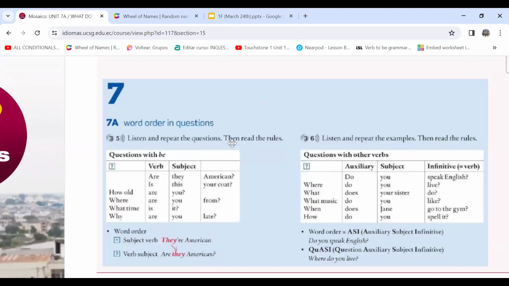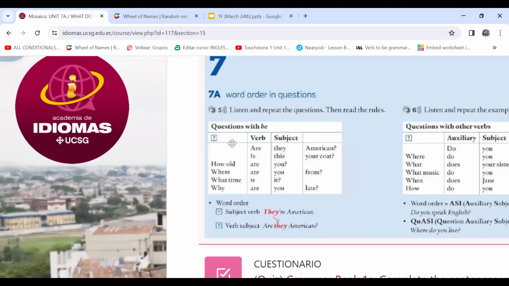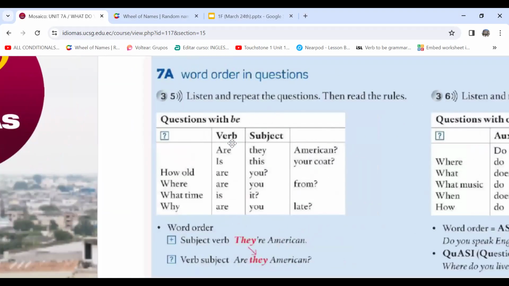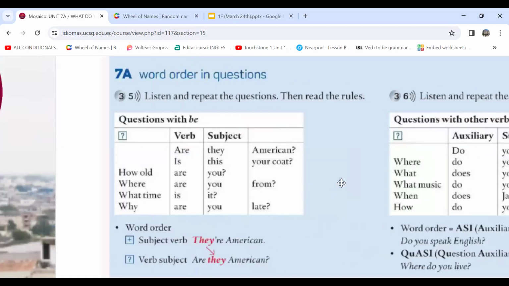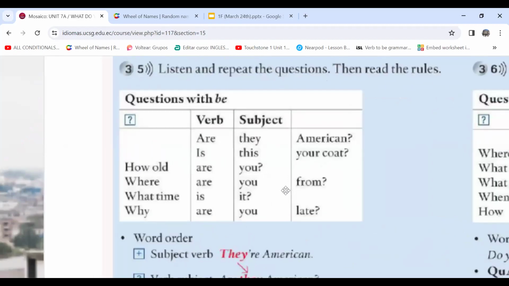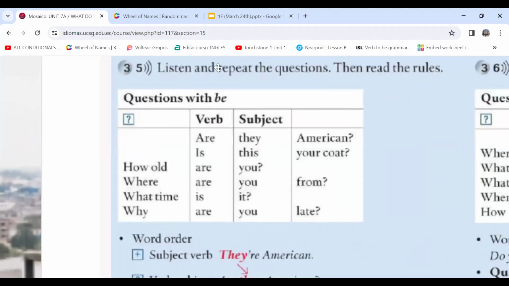Check. Here we have questions with the verb to be and also with the other verbs. Vamos a analizar primero las del verbo to be para que ustedes vean el orden. Porque les va a tocar ordenar. Hay ejercicios de ordenar también aquí.